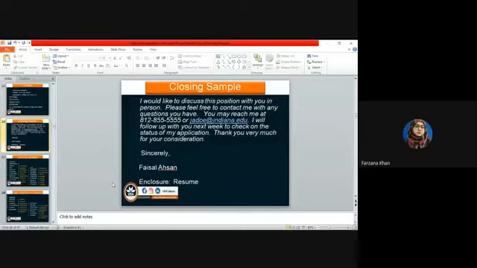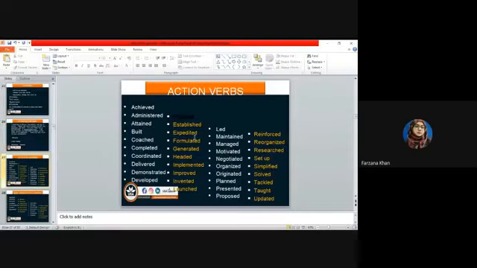Here you have learned the cover letter, but I still want you to learn the do's and don'ts of the cover letter. A few I'll tell you: these are basically the action verbs. I have given the list here because after this you are going to write your cover letter, so these action verbs will be helpful for you. In the 7Cs, you are already well aware that action verbs should be used specifically in business writing.